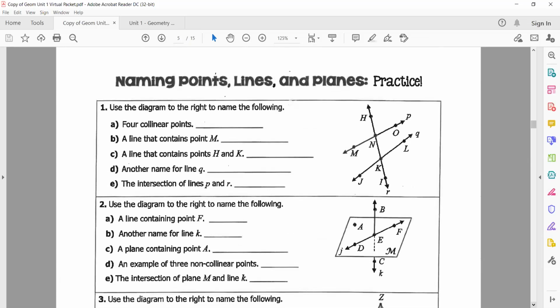So the next page is practice, and the first homework is going to be similar to this. We're looking for 4 collinear points in that first diagram.